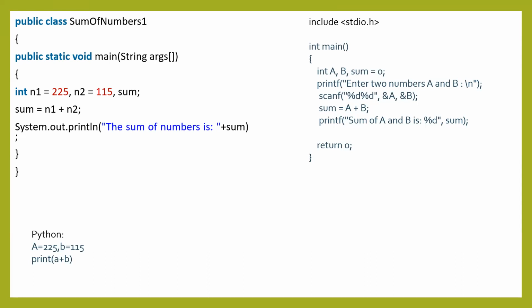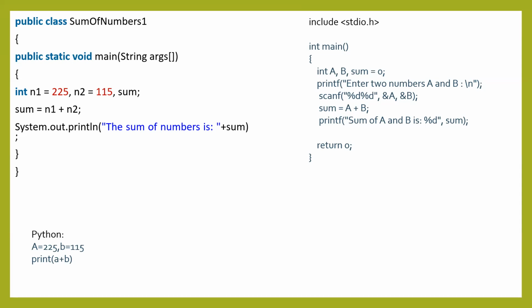Whereas the right top is the C program. You are very familiar with the hash include stdio.h. Stdio.h means standard input output header file. Whatever the printf or int, scanf, all the definitions are stored in the header file called stdio.h. This is the code for adding two numbers in C programming.